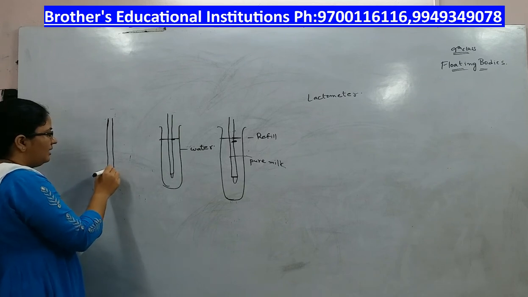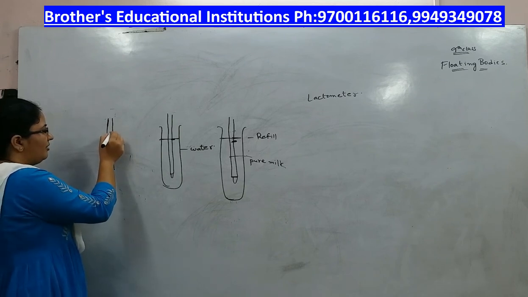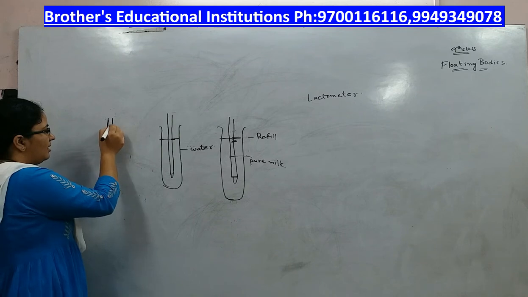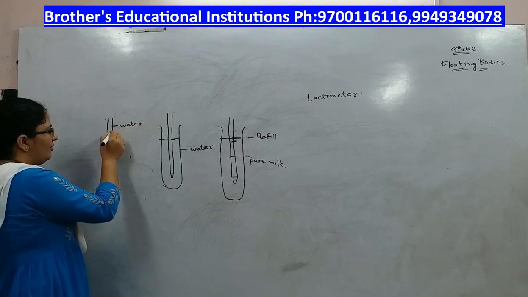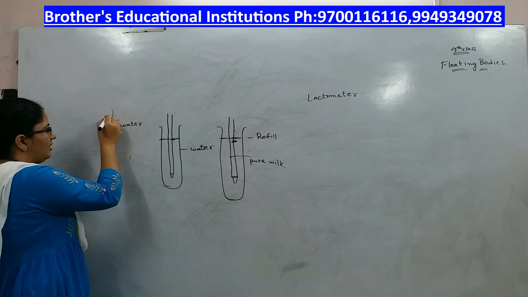With a nib, you've got the level of milk to be level of water here, and the level of milk here.